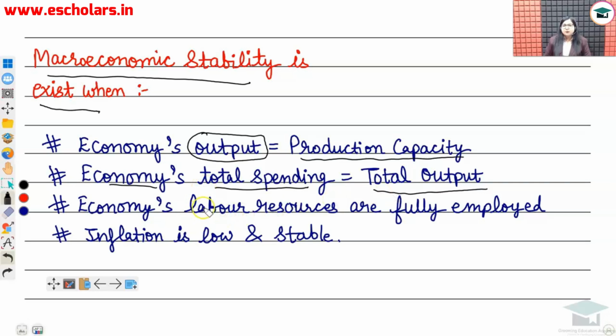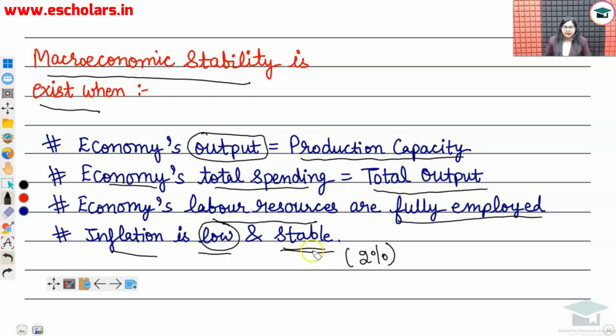Next, economic stability is said to exist whenever there is full employment of labor resources. That is, there is no unemployment existing in the economy. Next, whenever the inflation is low and stable. That is, whenever the inflation in the economy is up to 2%. Okay, that is, the inflation in the economy is low and stable, then we can say that macroeconomic stability is there.